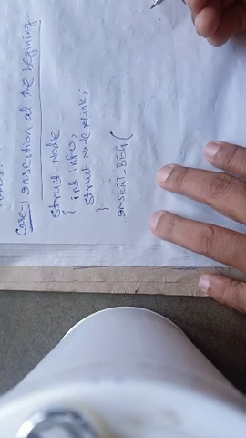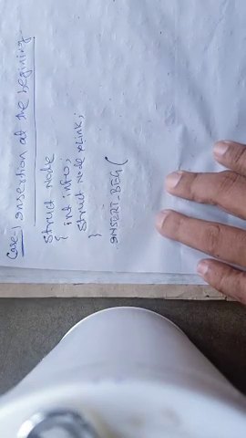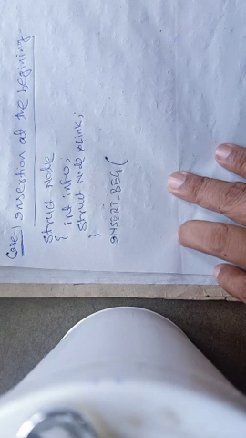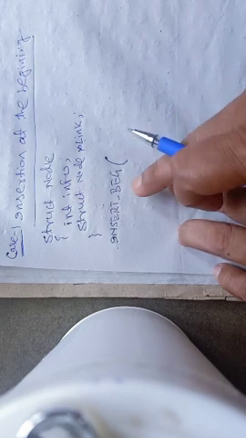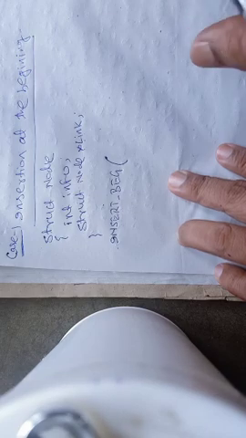Now this algorithm requires some parameters. So what are the parameters needed for this algorithm? See, when you want to insert, there must already be a linked list. So this algorithm must know what is the address of the first node of the linked list, so that the linked list can be identified.